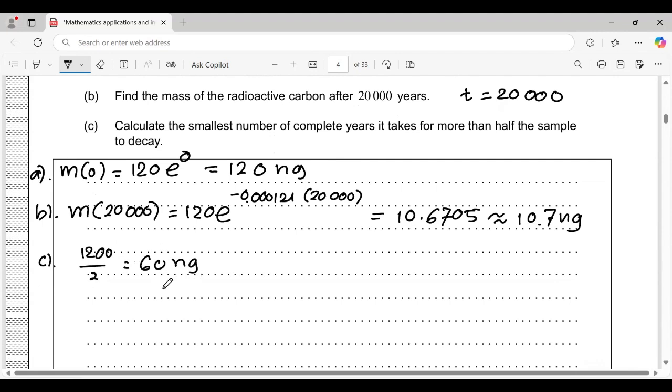After that, we need to find the time t when the mass is less than half of the initial mass. So we can write M(t) = 120 e to the power minus 0.000121 t less than 60, because 60 is half of the initial mass.